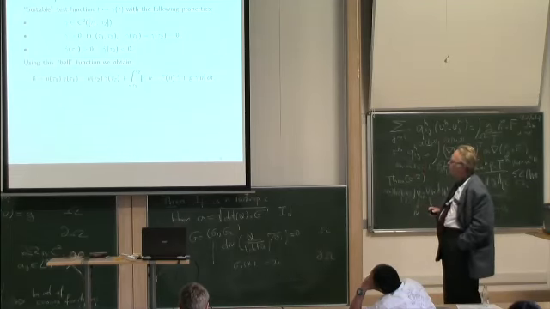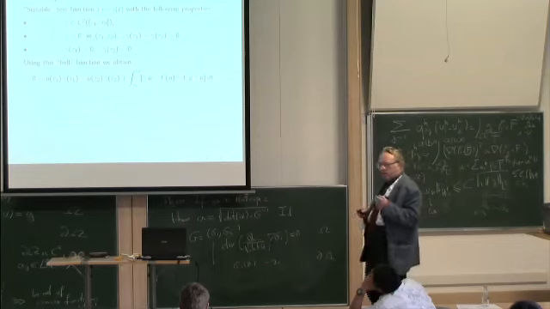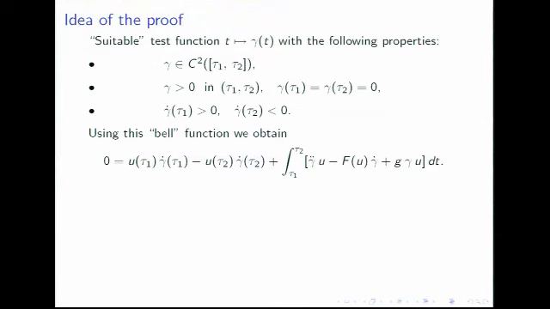Idea of the proof. The proof is based on a special choice of test functions. So let us assume that we have at our disposal the following function gamma, which is C2 on the interval tau 1, tau 2, which is positive on the interval tau 1, tau 2, and 0 at the ends of this interval.